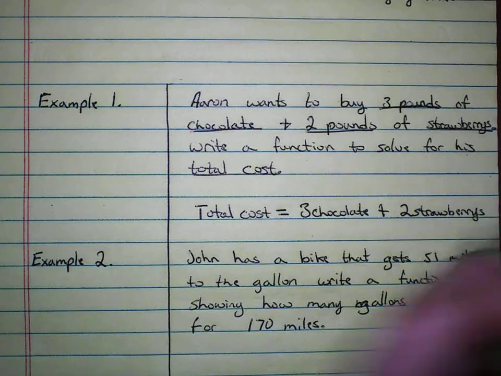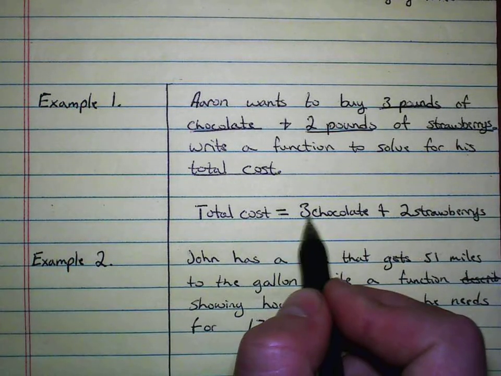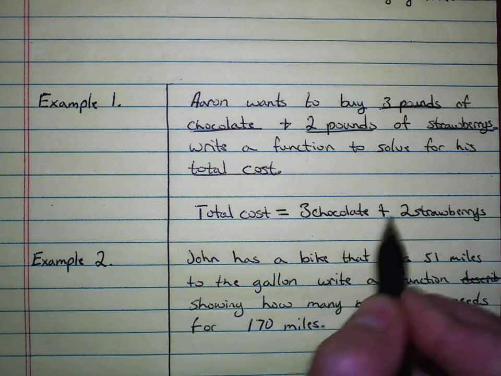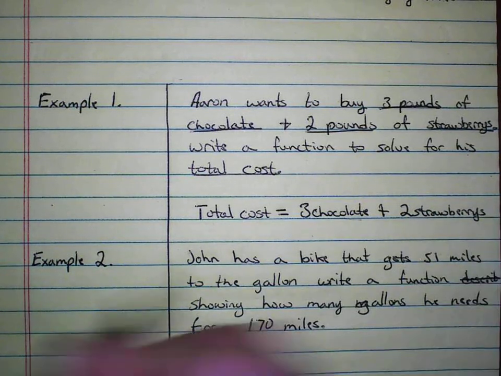What we have to understand is that the chocolate and the strawberries are probably sold by the pound. So each pound, maybe it's $1.50 a pound, maybe it's $3 a pound, maybe it's $13 a pound, whatever it is. What we have to understand is that we know the numbers 3 and we know the numbers 2. We know how many pounds he's getting. What we don't know is the cost per pound, which is what chocolate and strawberries represent.